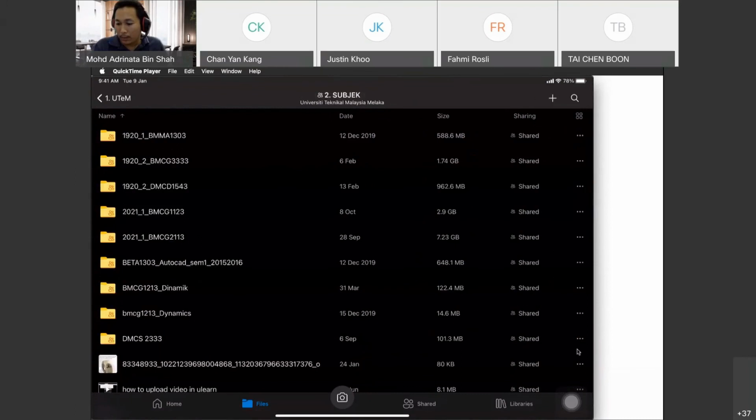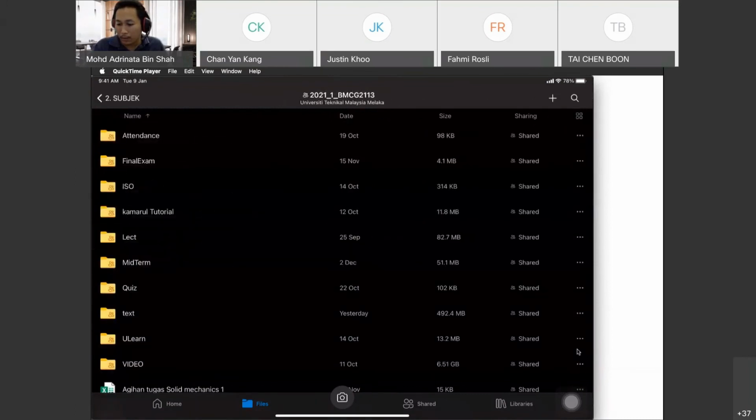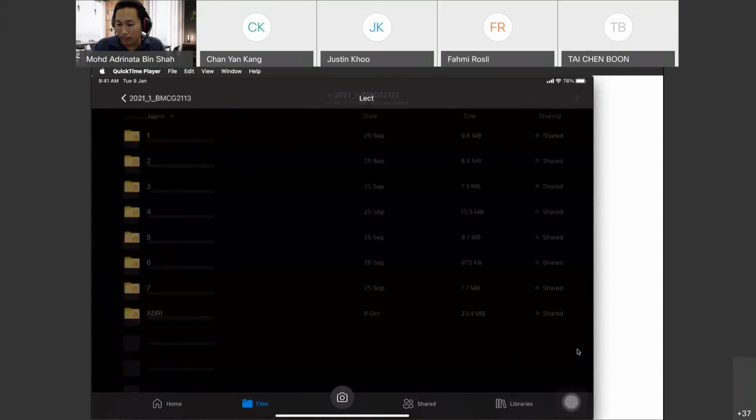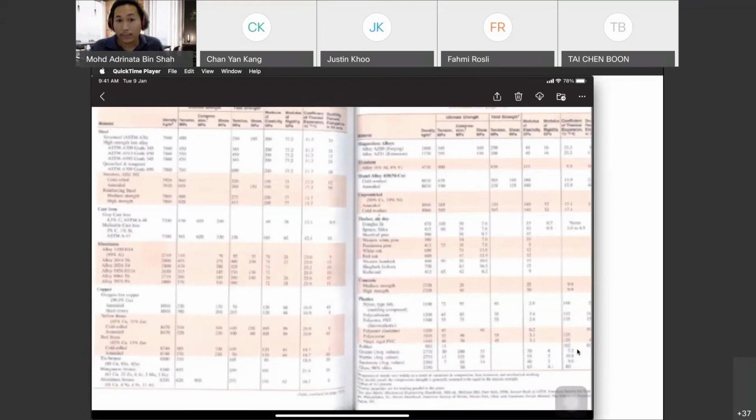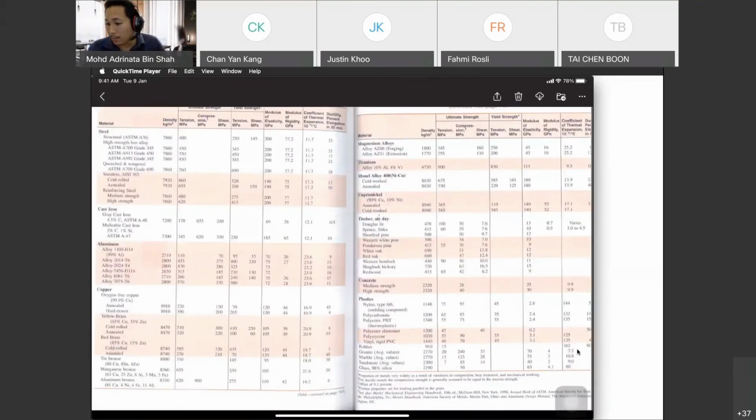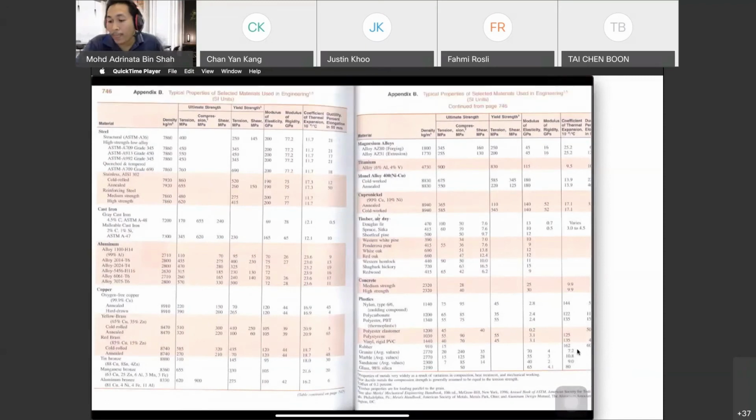The examples of mechanical properties. This is the table of our mechanical properties. As you can see, typical properties of materials in engineering.